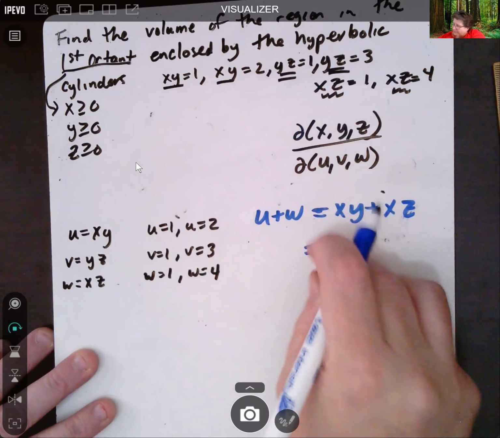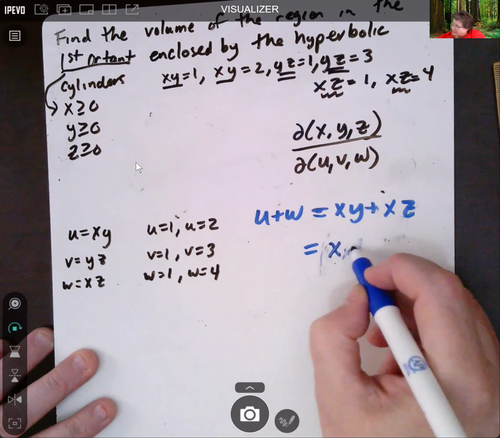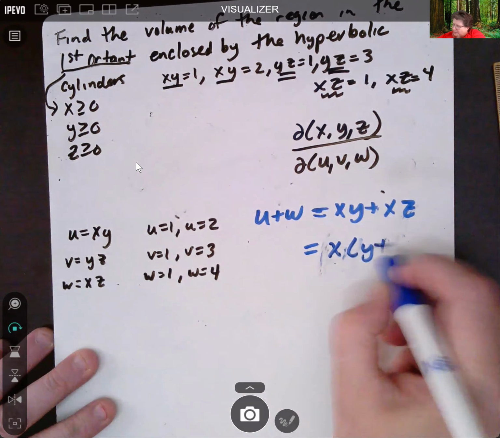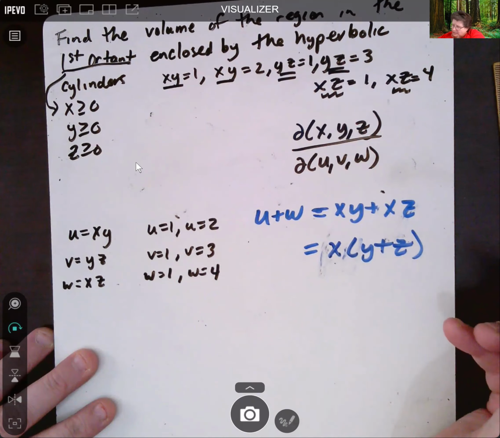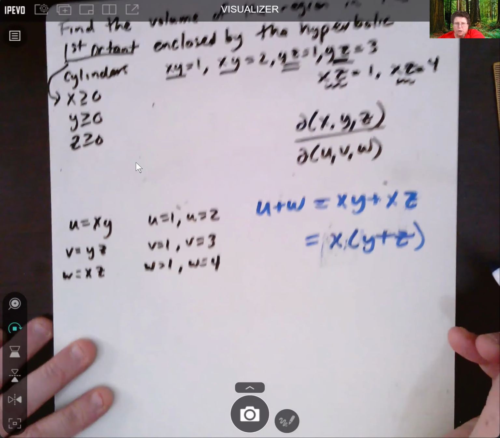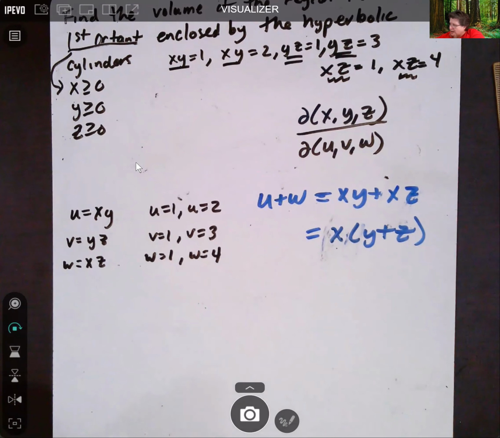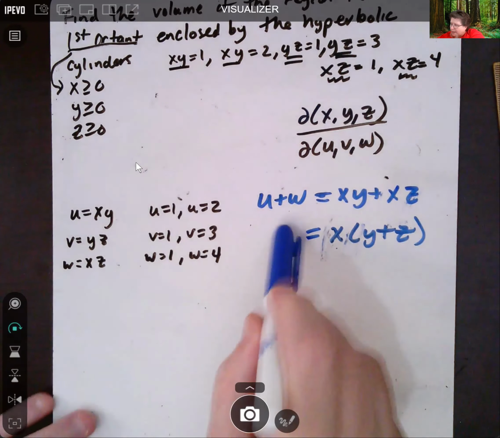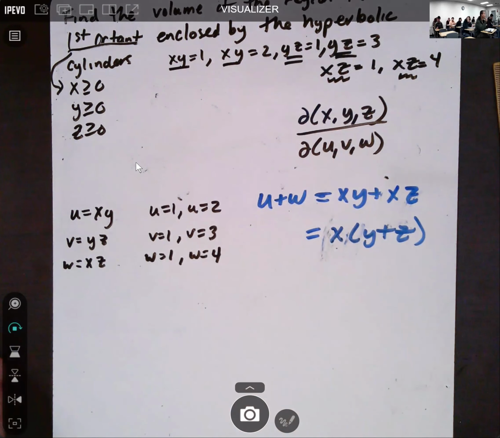I don't know that this is helpful here, because I don't have a y plus z going on anywhere else. So I think I went up the wrong tree. I don't think I chose a good way to combine this. Let's try something else. Adding them together doesn't work.